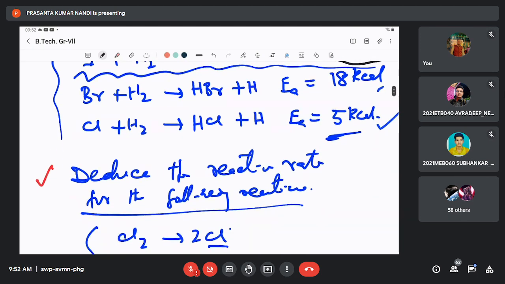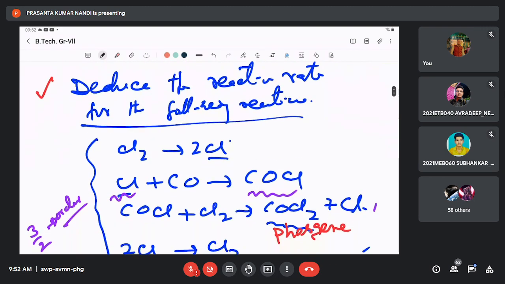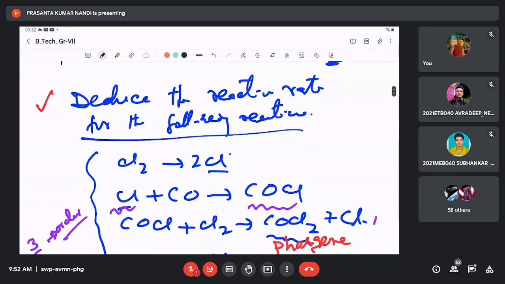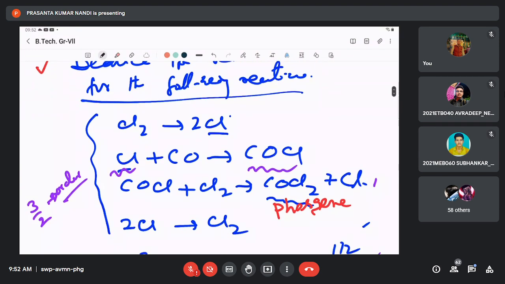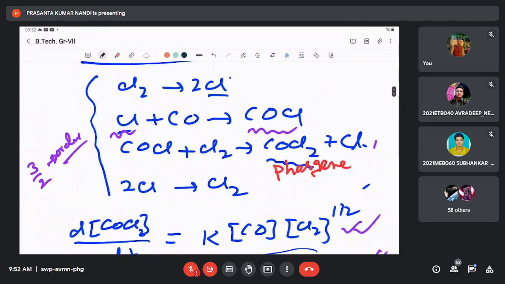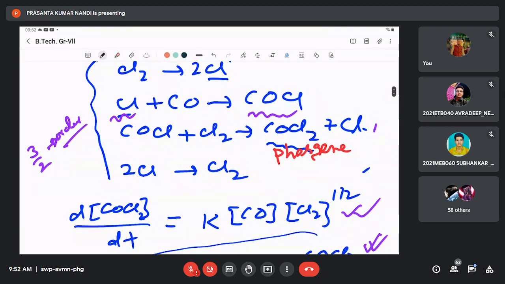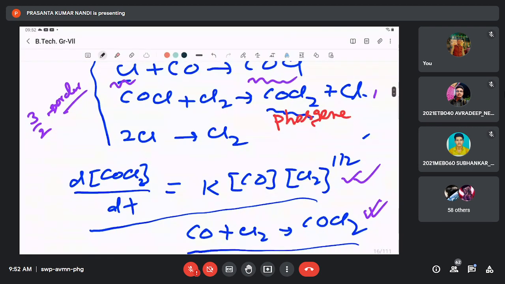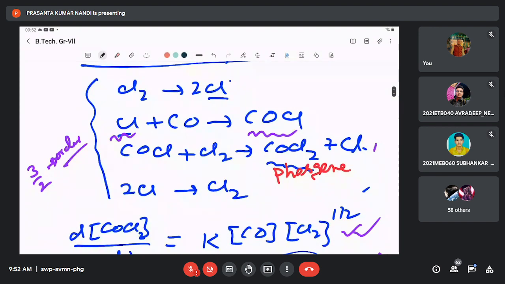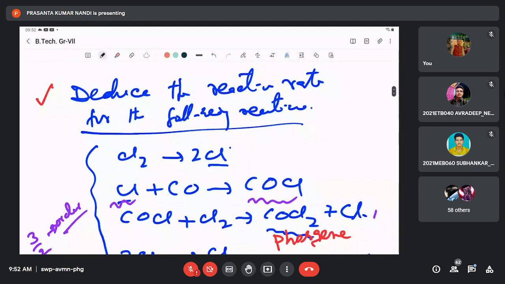Right? Now I have given a simple reaction and you try to deduce the rate law, this differential rate law, where the reaction is 3/2 order. So deduce the rate equation or reaction rate for the following reactions.